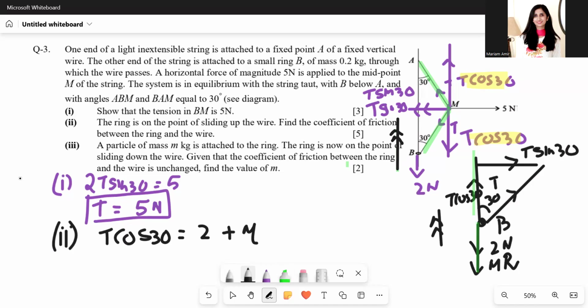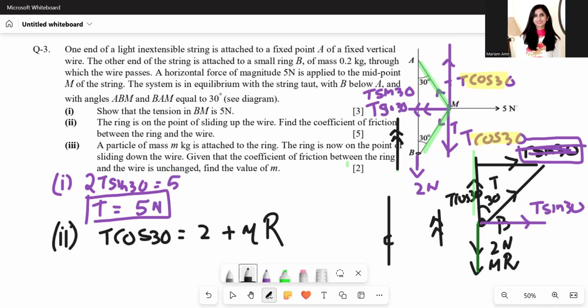Now what do we do about R? Remember, there was a tension in this direction as well. This was T sine 30. Let me write that here. And now, unlike the previous question, there's a contact between the ring and the rod.